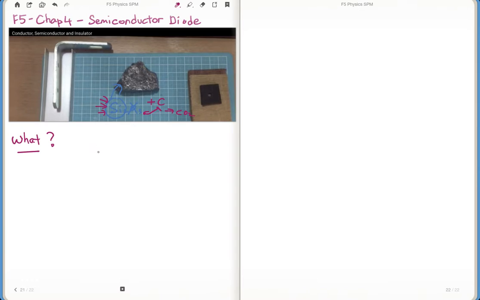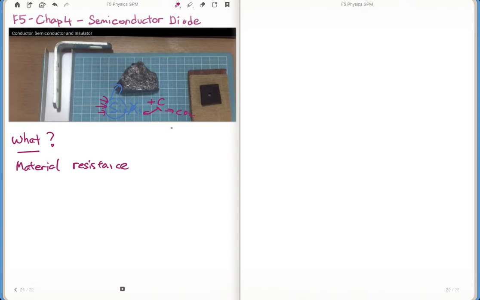So to answer the question, what is a semiconductor, because I haven't really answered that question yet. A semiconductor is made from silicon, from group 14, and is a material with resistance between that of a conductor and an insulator.